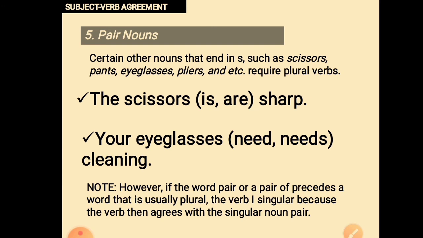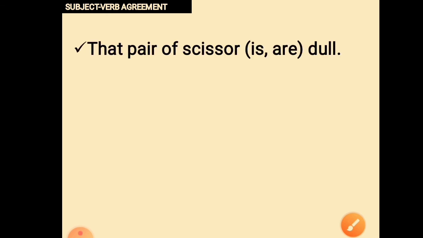Again, if there is a word pair or a pair of, the verb that we will be using is singular because the verb agrees with the singular noun pair. Okay? Like for example, the pair of scissors is our doll.